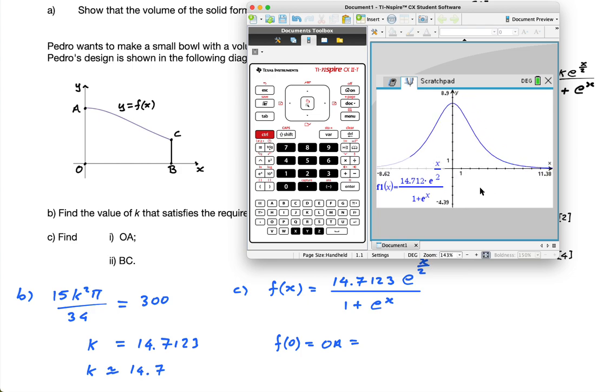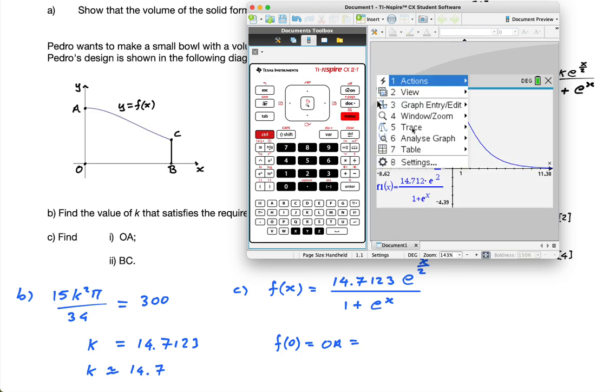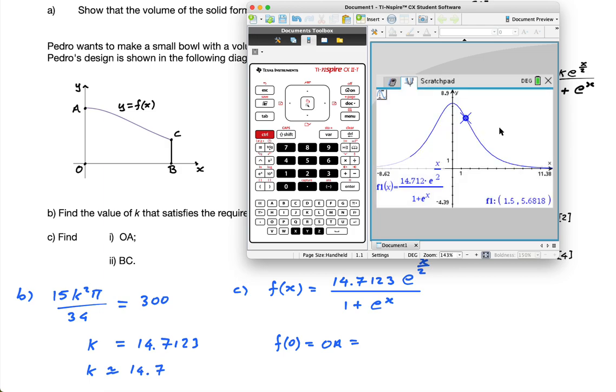So this is my graph. It doesn't look exactly like theirs just because their scale is different, which is fine. But this is going to be my value from here to here. So the easiest way to do it, guys, is just graph trace, type in 0, and it's here.